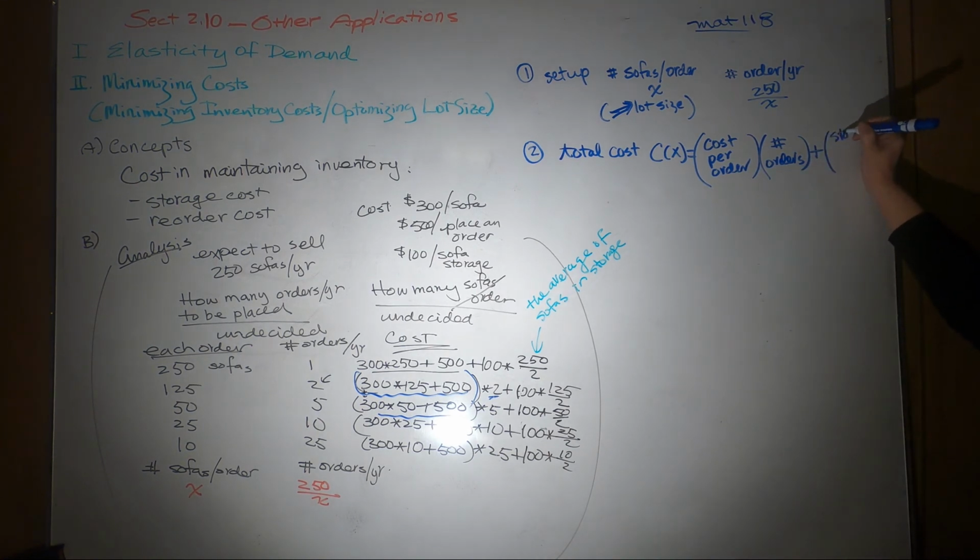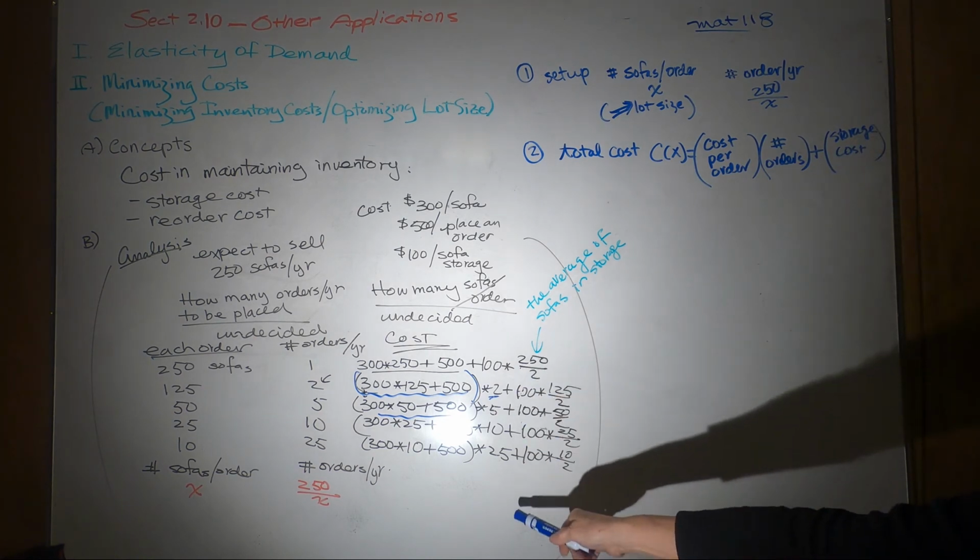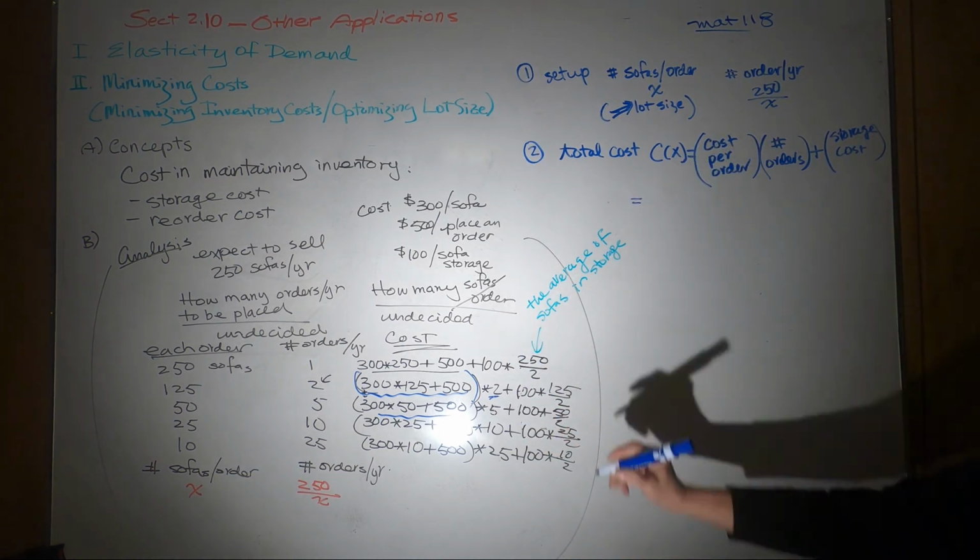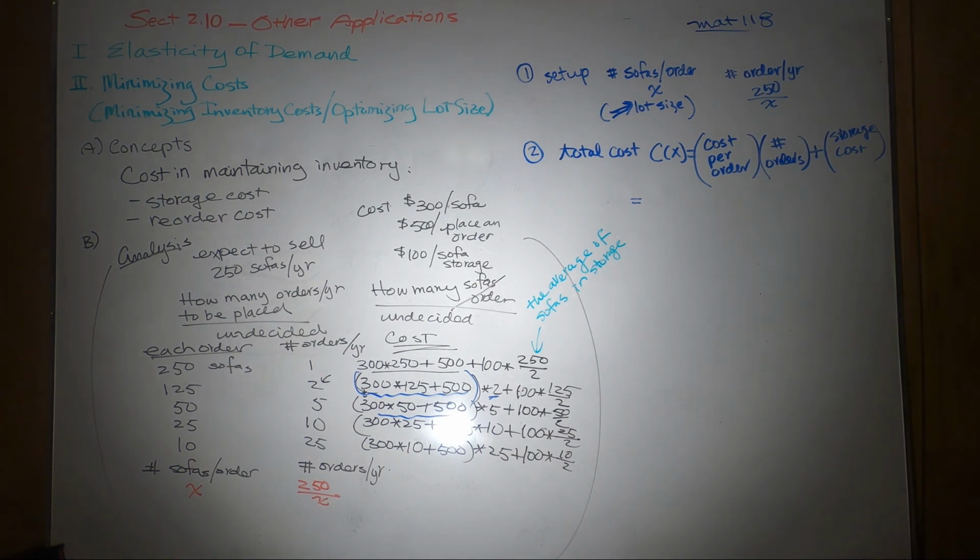Is that right? That's the thinking, right? Then we write in X to show that. The cost per order is the whole thing, then times the number of orders you will have.